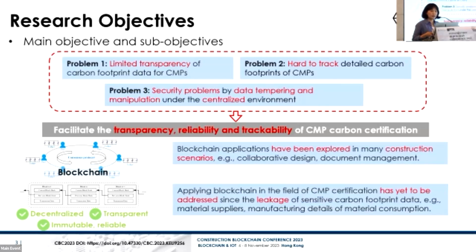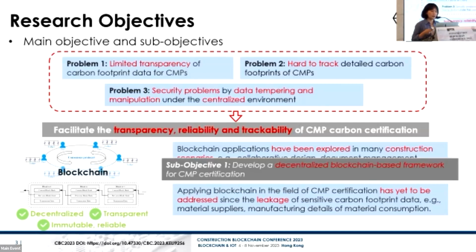As we all know, blockchain applications have been explored in many construction scenarios. However, in this field, it has not been well addressed. So the first sub-objective of this research is to develop a blockchain-based framework for CMP certification.